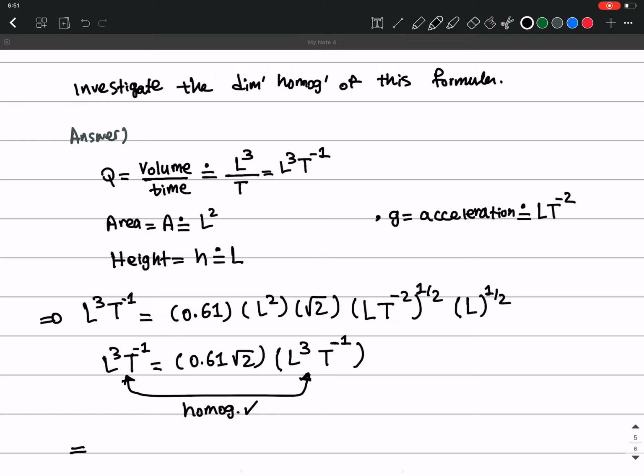The other conclusion that we get is that the number 0.61 times the square root of 2 is dimensionless. What do I mean by this?